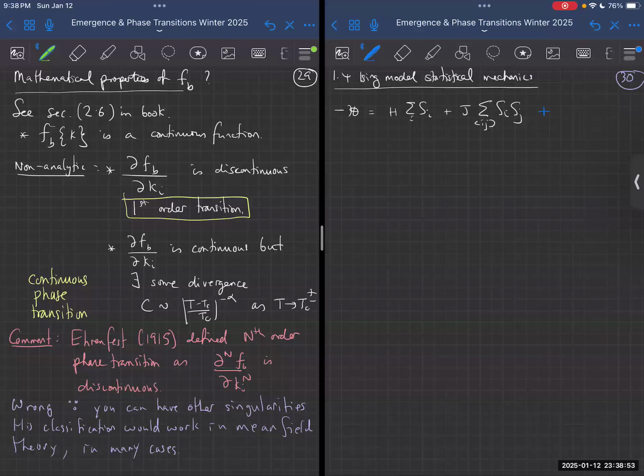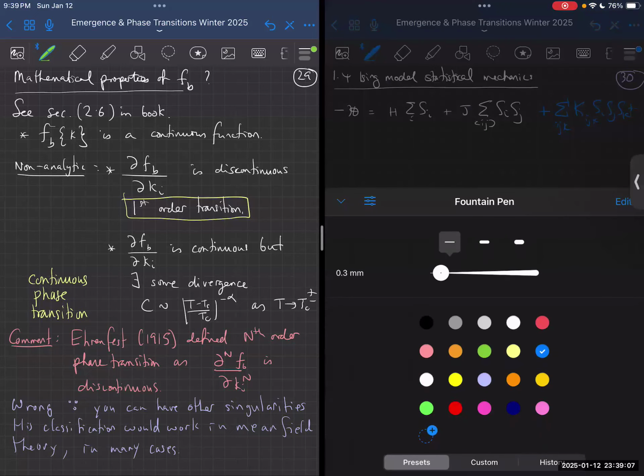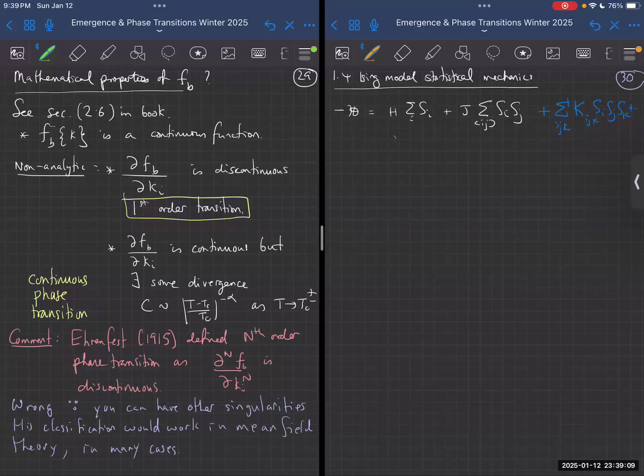There could be other kinds of models, not nearest neighbor Ising models, but more general Ising models with things like this. The part that we are actually interested in here we'll just call the nearest neighbor Ising model.